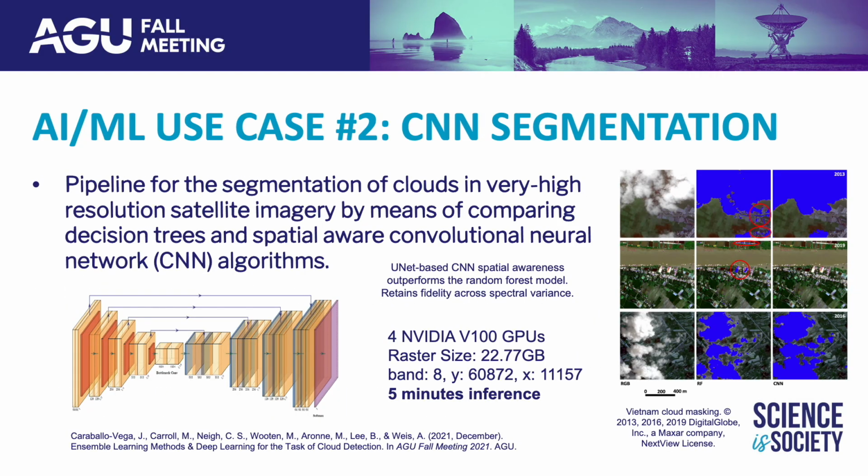The second AML use case is CNN segmentation. We have several networks that we can implement using PyTorch Lightning. This one in particular is a UNet model that we're using for classifying and characterizing clouds in very high resolution imagery.